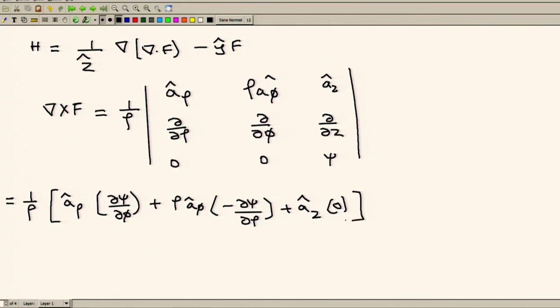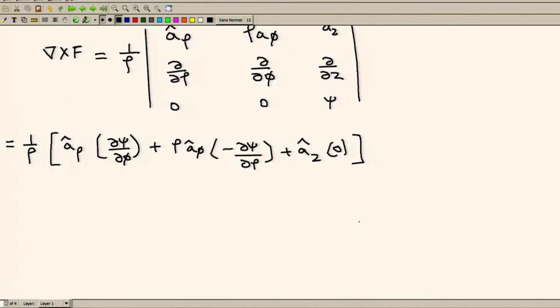Therefore, since E was minus of curl of F, we can write the fields as E rho as minus of 1 upon rho del psi del phi.